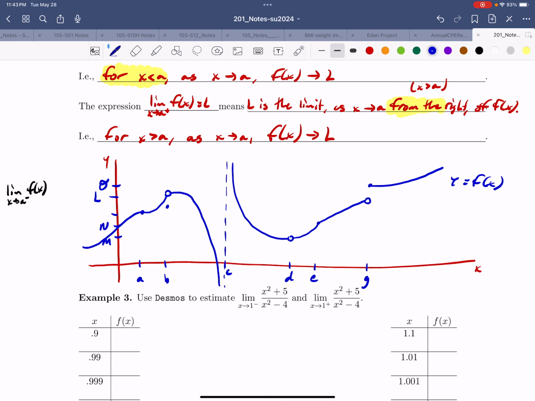Call this guy P. So it's going to wind up equaling P. It's actually the same thing as x approaching a from the right, because no matter how we approach a, whether it's from the left or the right, the function is approaching the same y value.